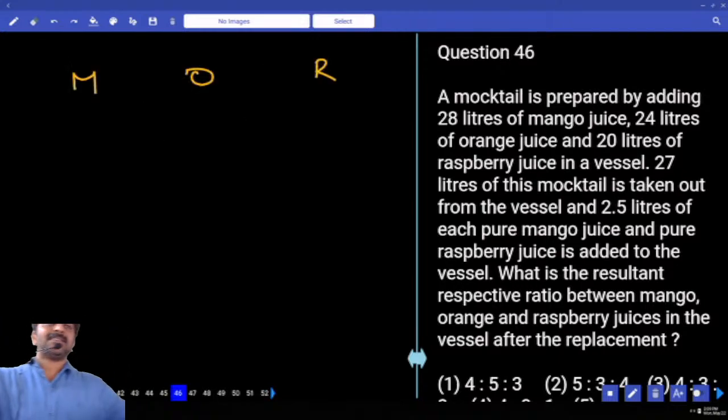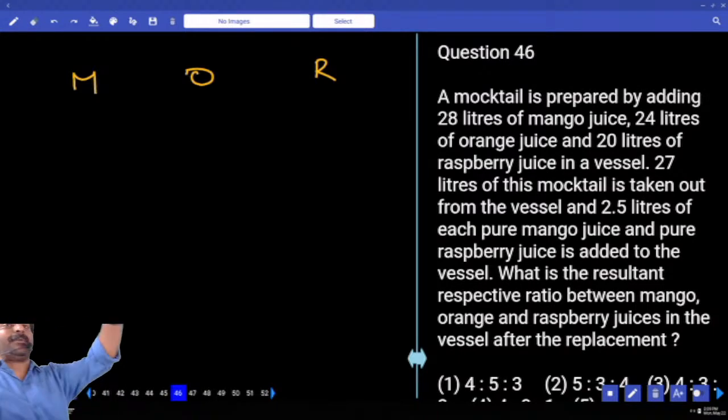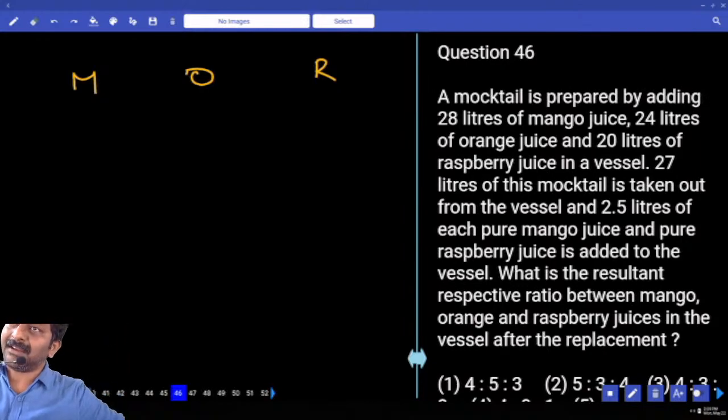Earlier in the same class I said when 10% of the total quantity is taken out, 10% of milk goes out, 10% of water goes out, correct? Now in this case also, if 10% of the total juice is taken out, 10% of mango goes out, 10% of orange goes out, 10% of raspberry goes out, agreed?